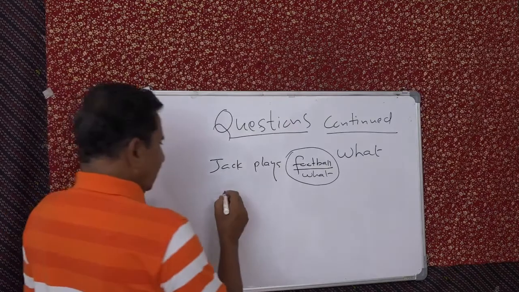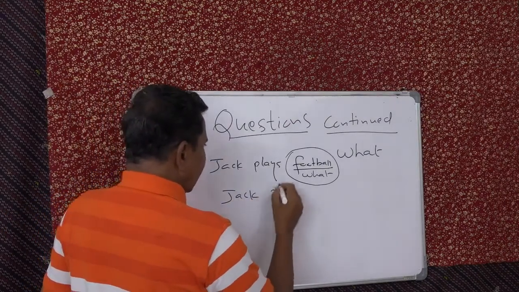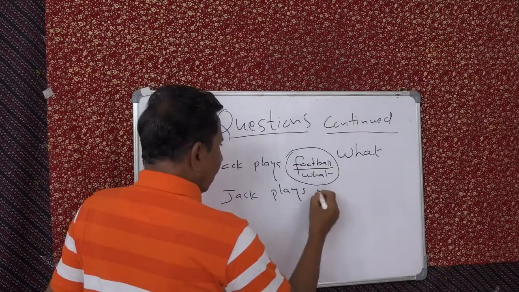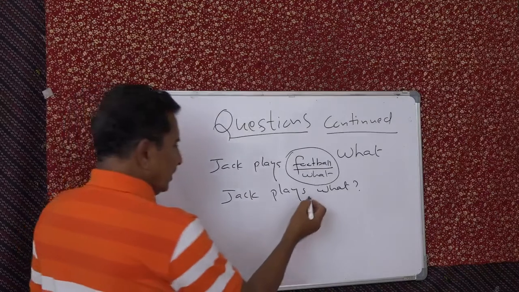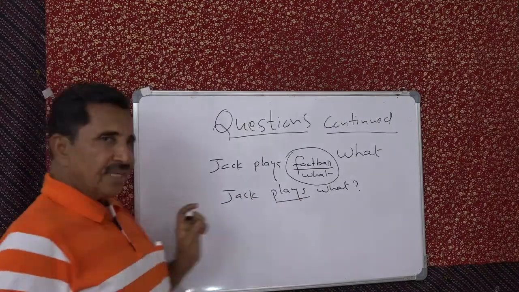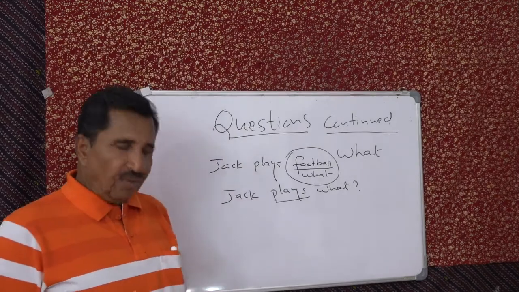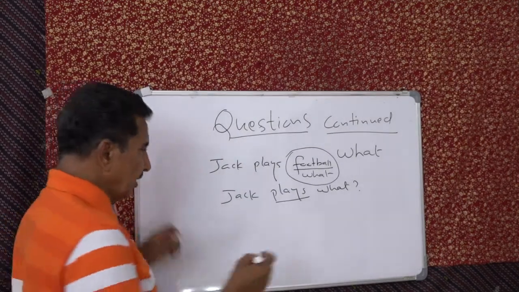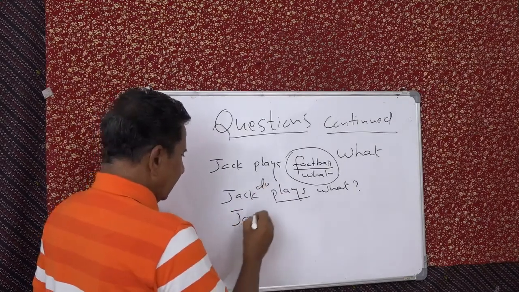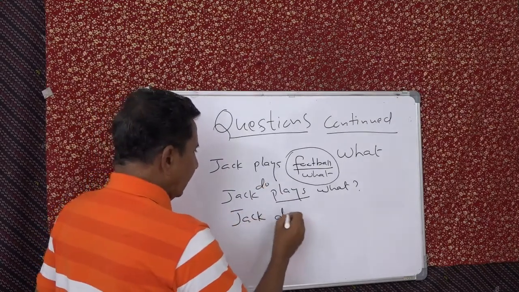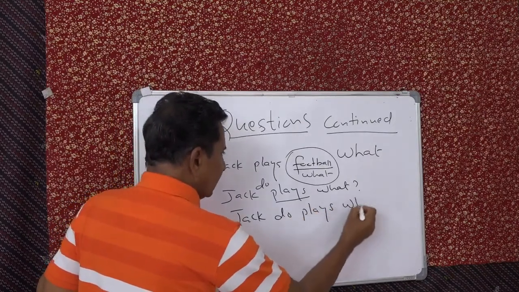So the sentence will look like Jack plays what? Now we know this is single word tense, simple present. So you have to make it a phrase. How will you make it a phrase? By inserting do. Okay. Then it will be Jack do plays what?